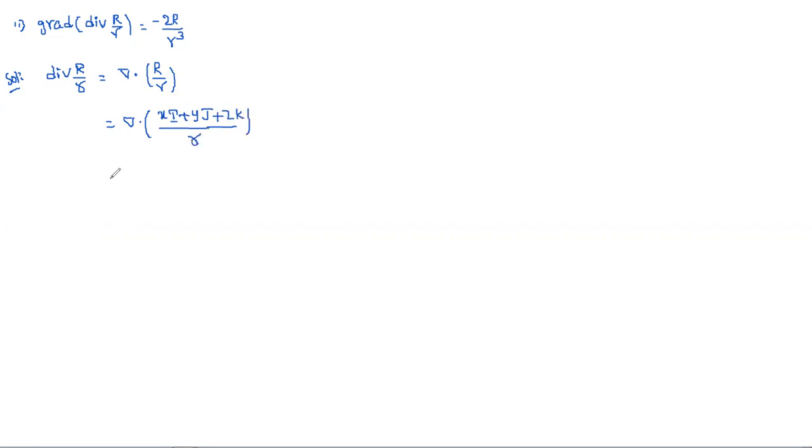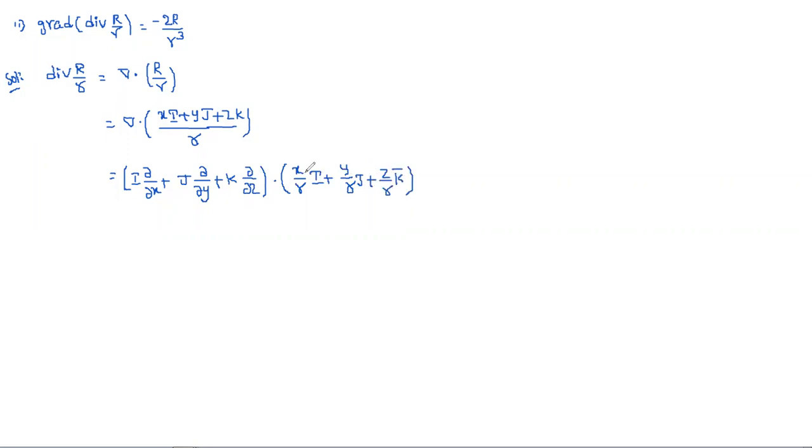And now del, already we know, is i ∂/∂x plus j ∂/∂y plus k ∂/∂z, into dot. So we can split that one: x by r i plus y by r j plus z by r k.